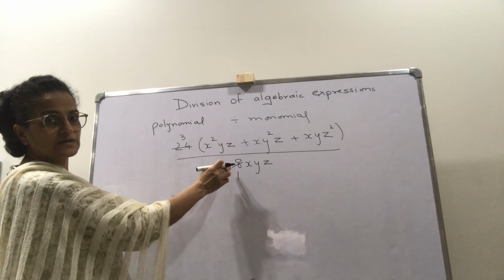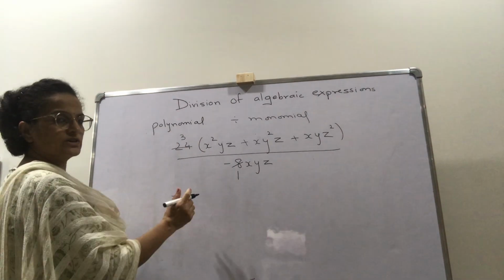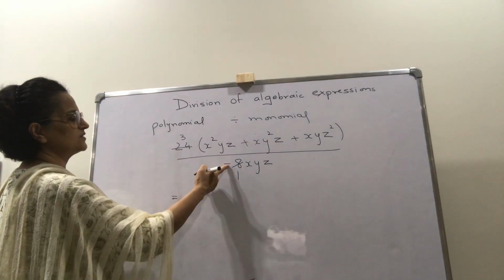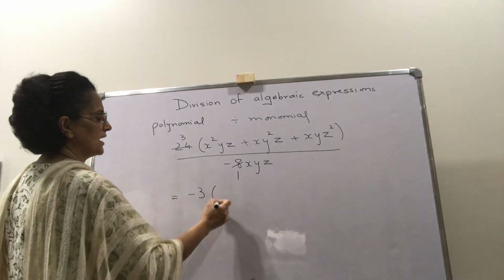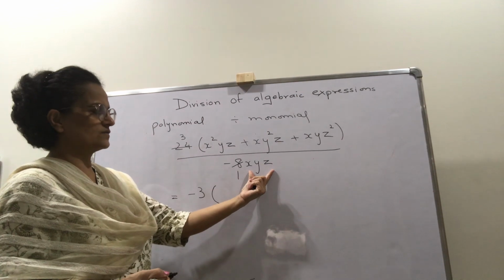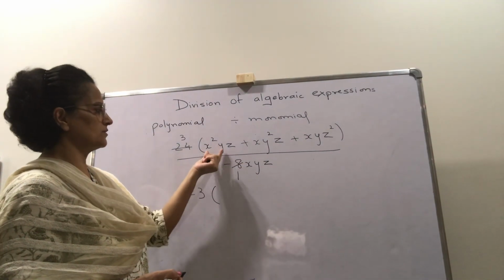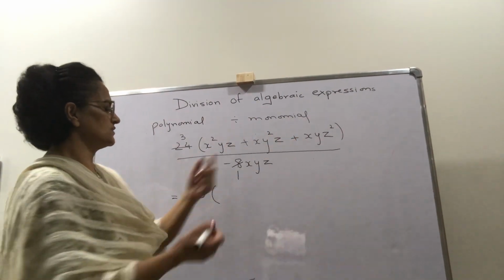When we leave our answer, this minus is written with the numerator. So I am writing this minus here. I have 3 here and I just said this xyz is denominator for all these 3 terms.